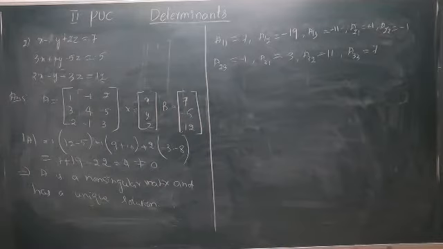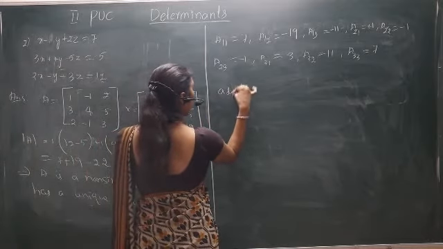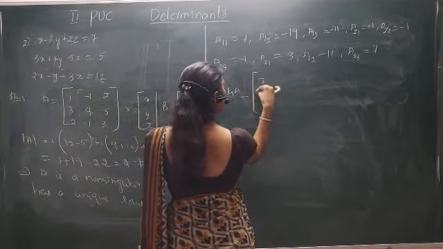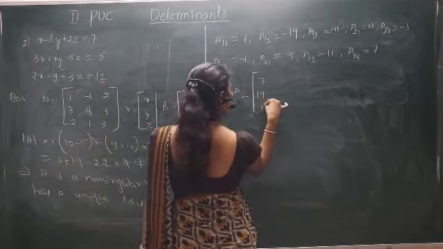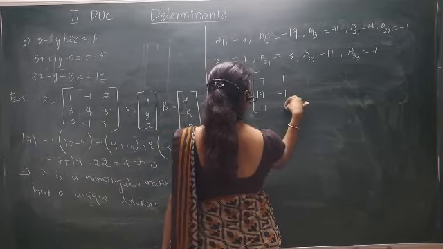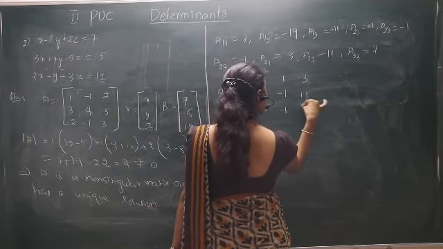So for A11 I got 7, then 19, minus 11, then 1, minus 1, minus 1, minus 3, 11 and 7. Therefore adjoint of A is 7, 19, minus 11, 1, minus 1, minus 1, minus 3, 11 and 7.